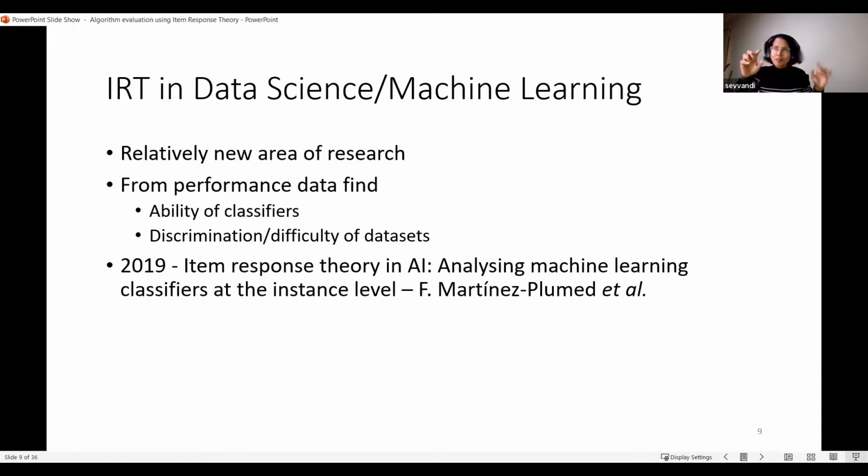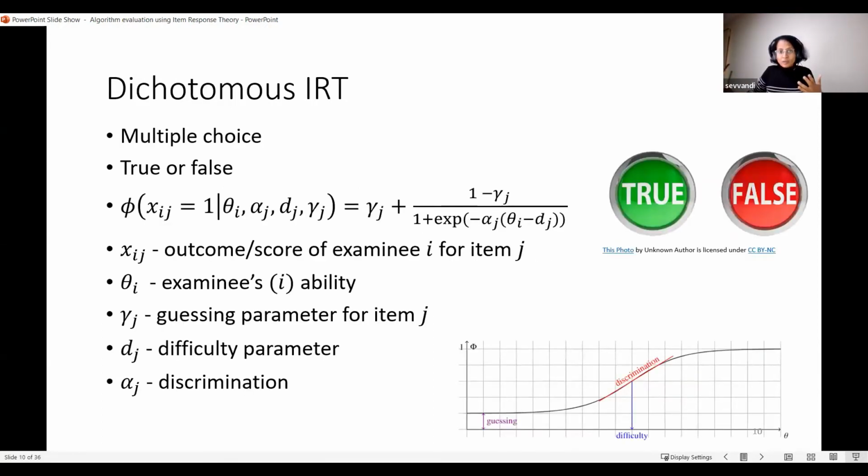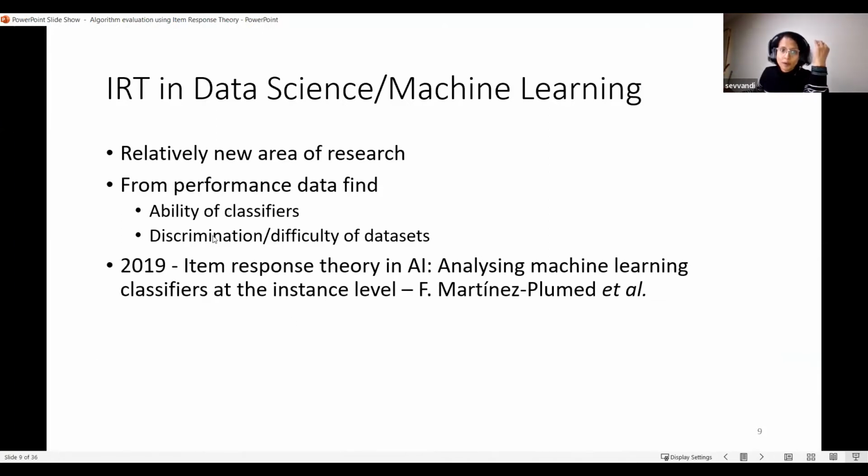Even though, when I look back, there are some other smaller papers in much less well-known journals talking about data science and IRT. But this was the big one that came. And what they do is precisely here, they're talking about the ability of classifiers and the discrimination and difficulty not of data sets, but of observations in a given data set.